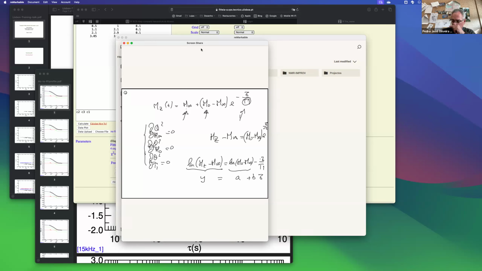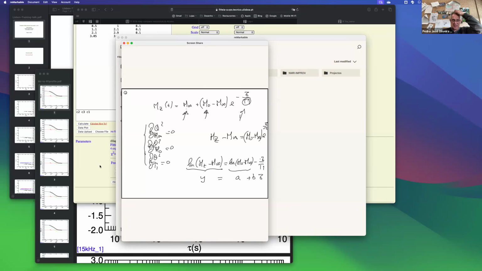This is a way around making the fitting of an exponential function slightly less hard by applying logarithms to this expression and linearizing the function that I will be fitting. So here, instead of getting M0 minus M-infinity, we will get the logarithm of M0 minus M-infinity. And instead of T1, we will get b, which is the inverse of T1, actually the relaxation rate, or minus 1 over T1.